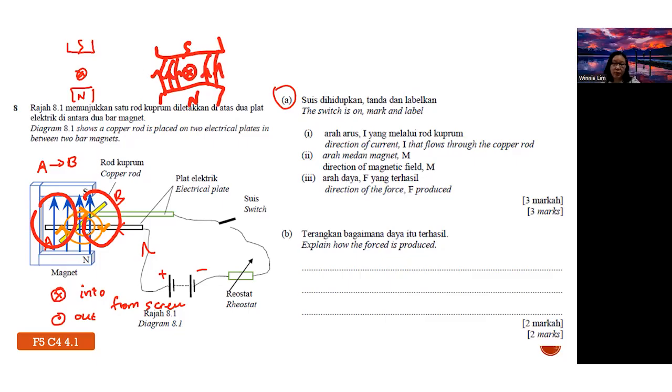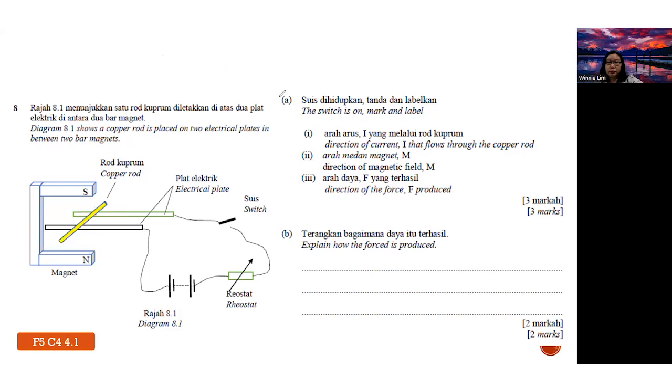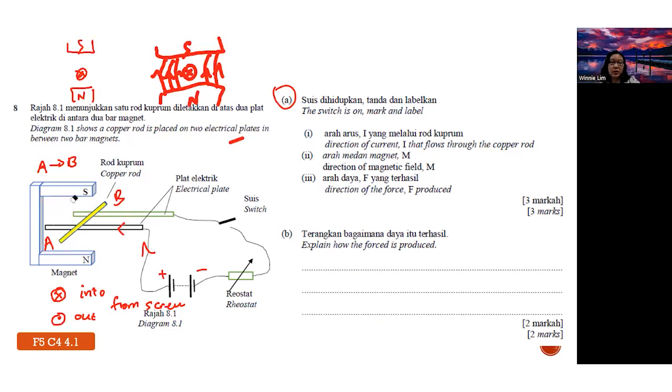This is the result. Of course, depending on the question, sometimes they want you to draw this also, but now they didn't ask. I just show you this idea. The idea of force being produced is that it goes from the stronger field to the weaker field.